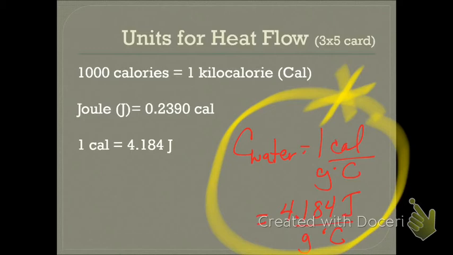Okay, so if I had 2 calories, I'd multiply that by 4.184. And if I had 2 joules, I divide that by 4.184. This one is going to give me joules for my answer. This one is going to give me calories for my answer.